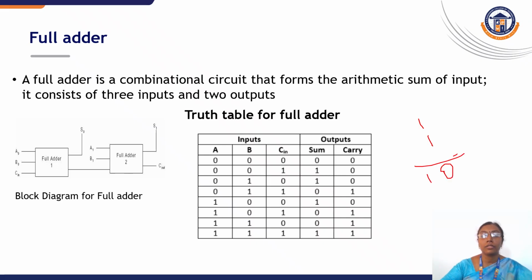And further this 1 will be added with the sum, so that we will be having 0 plus 1 is 1 and this will be 1. We already know that this is carry and this will be sum. So that we will be having sum as 1, carry as 1.